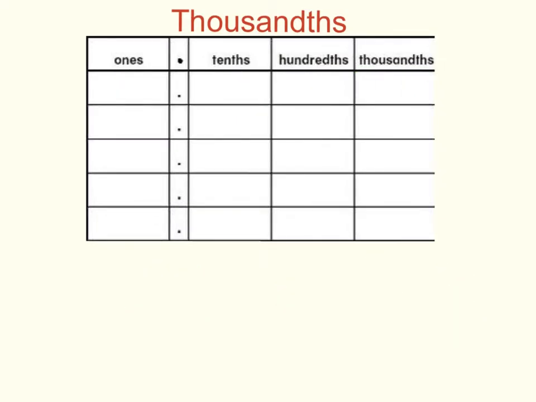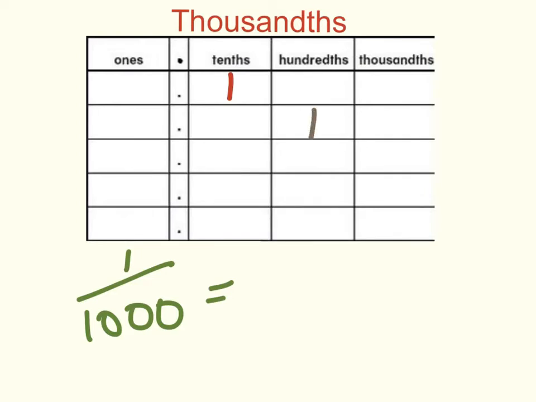Here's one more tricky one. If you get this, you are a smart cookie or cupcake, whatever you like. 1 thousandth. Because we're representing thousandths, we need to represent the 3 place values after the decimal. But I only have 1, so if I put that there, that shows 1/10. That doesn't work. If I put a 1 there, that shows 1/100.